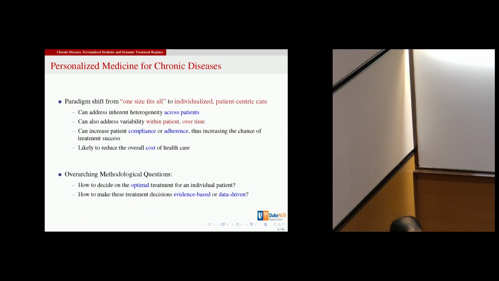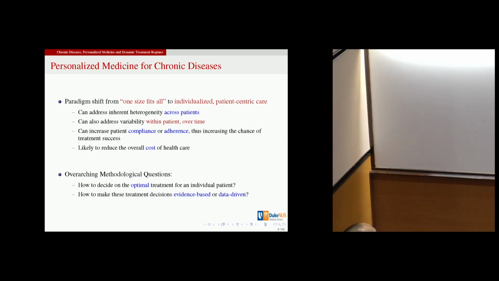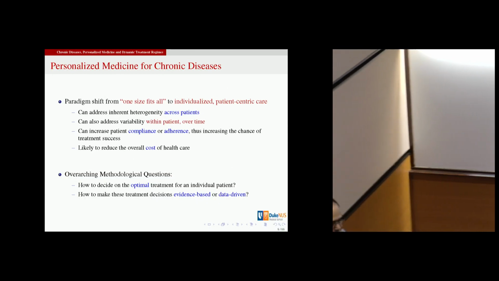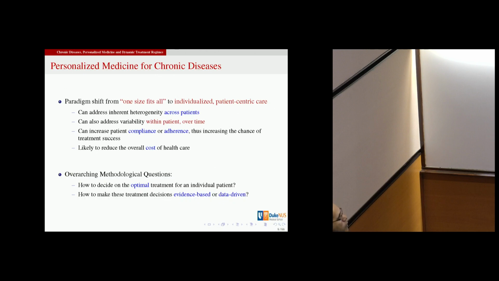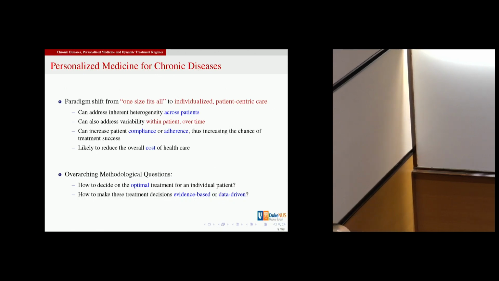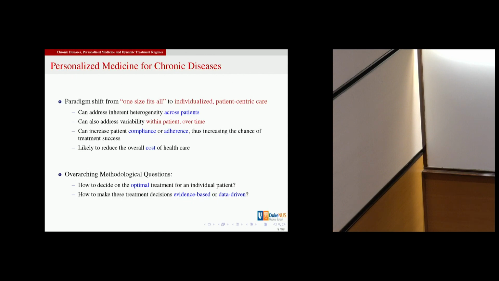So again, going back to the context, this is a paradigm shift from one size fits all to more individualized, patient-centric care. And why is that necessary? There are a variety of reasons. This precision approach can address inherent heterogeneity across patients.